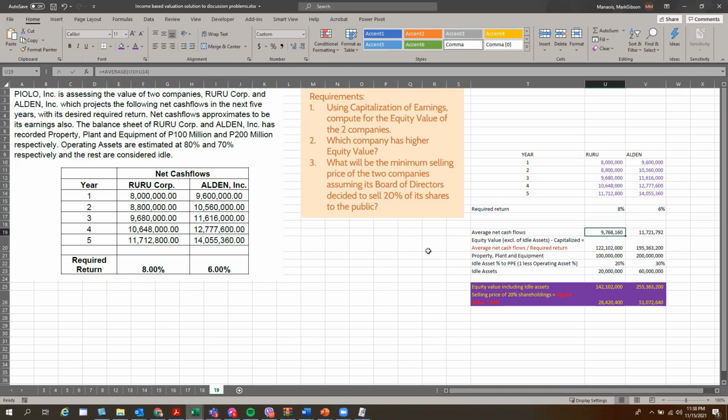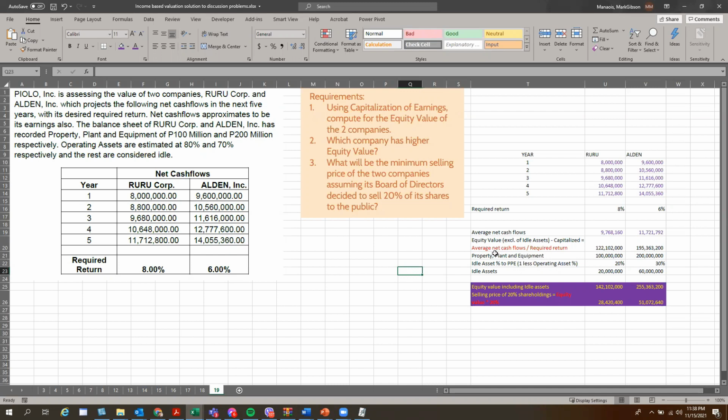So that's 9,768,160 for Ruru and 11,721,792 for Alden.